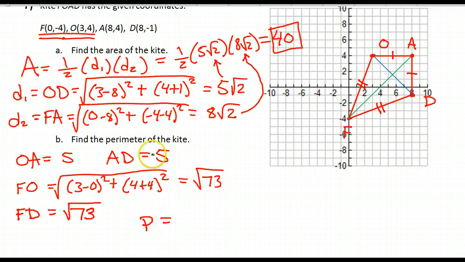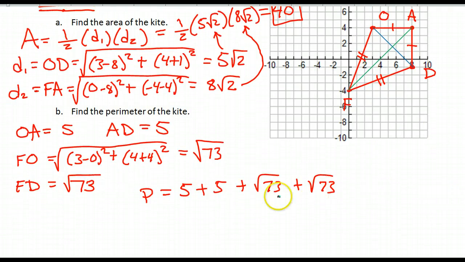Alright, so the perimeter should just be the sum of all of these. Okay, it's going to be 5 plus radical 73 plus radical 73. Now, the best that that's going to give me without making a decimal is going to be 5 plus 5, plus 2 radical 73, because there's 2 of them.